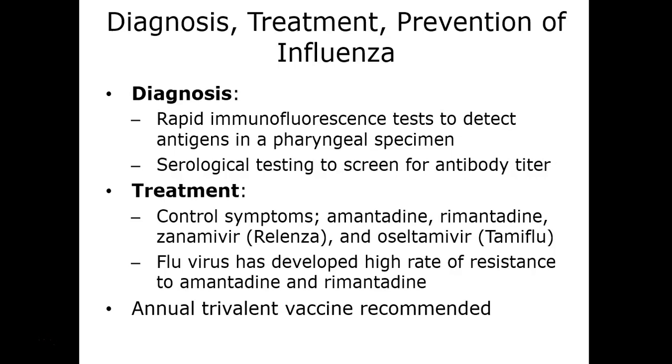Attenuated basically means that you're receiving pretty much the intact virus, but it's been inactivated in some form. That attenuated vaccination is often administered nasally. And most times you are administered 3 different strains in that vaccination.